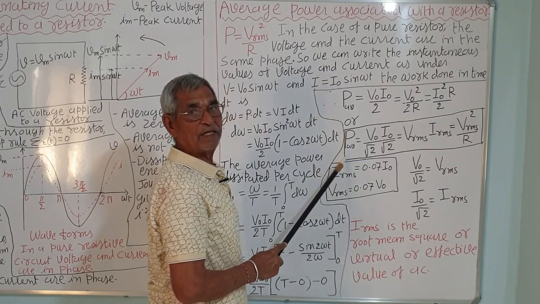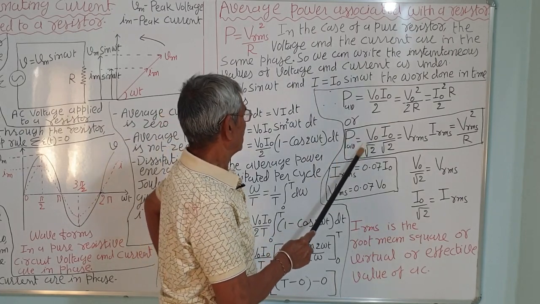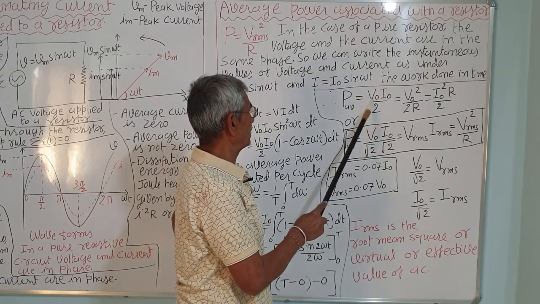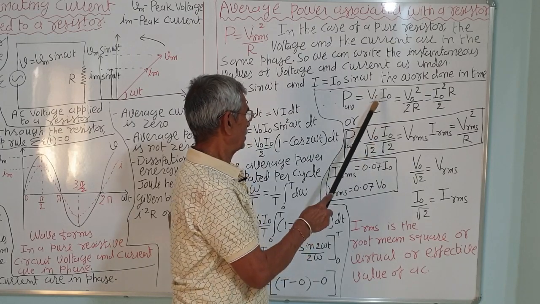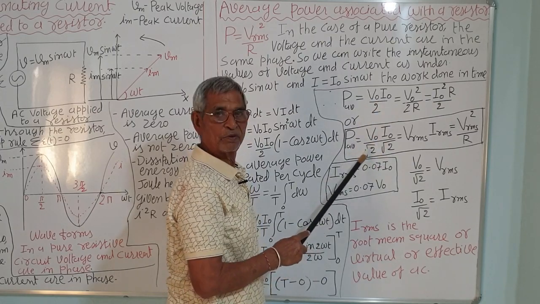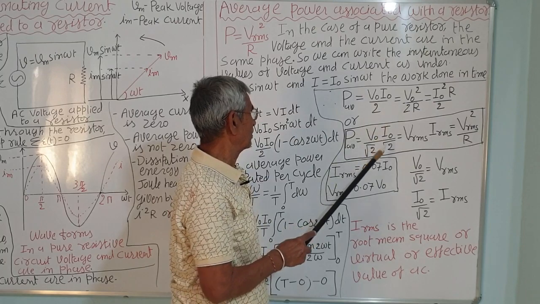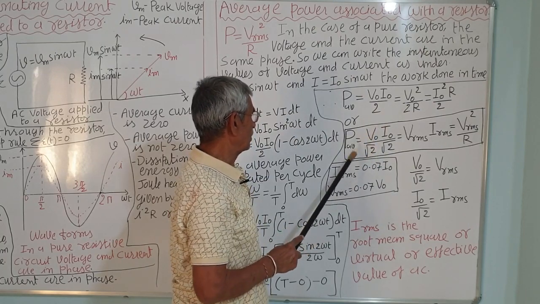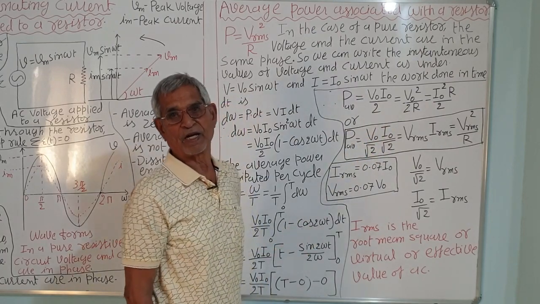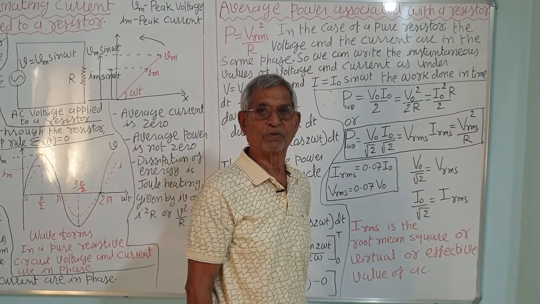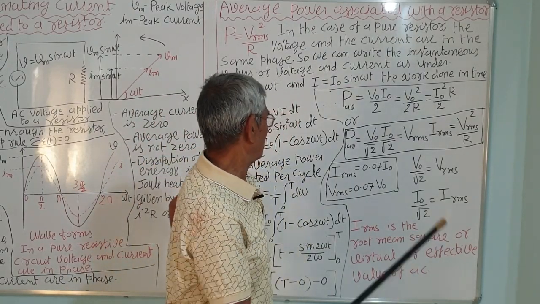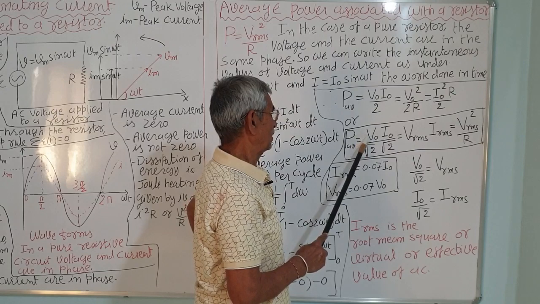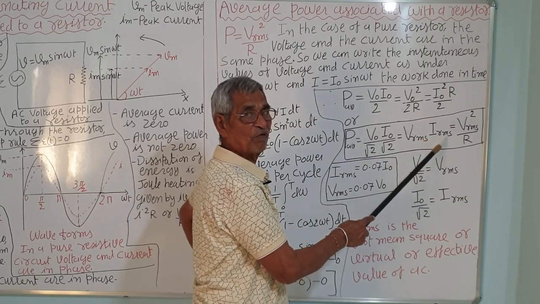Again average power is written as V0 upon root 2 and I0 upon root 2, that is 2, correct? We have written it differently. So V0 upon root 2 is Vrms, and I0 upon root 2 is Irms. So we know that V0 is more than the RMS value. RMS value is somewhat less.